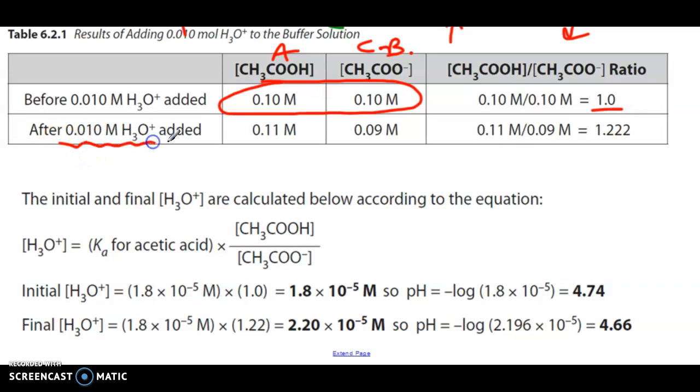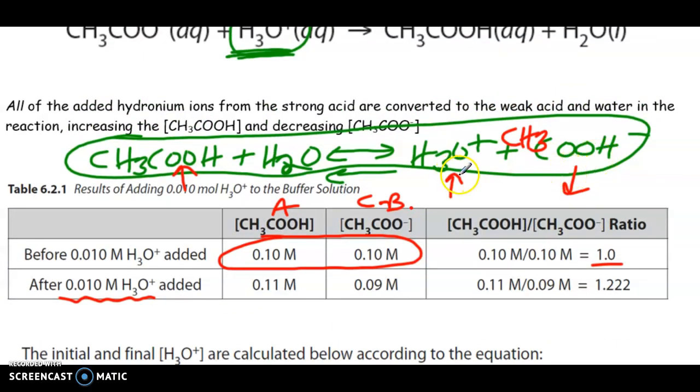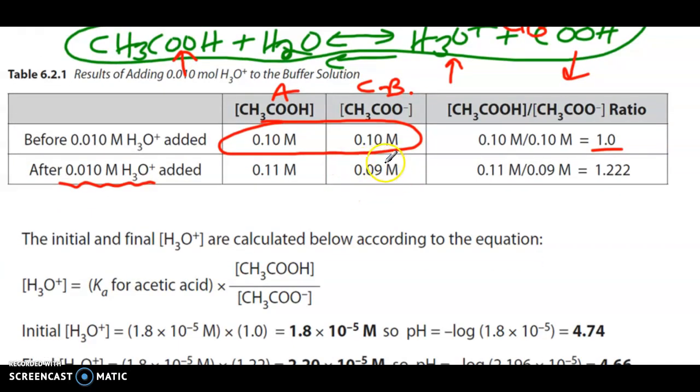After we add in some strong acid, some of it is going to essentially push the reverse reaction, which we just mentioned here. So that means that the weak base should lower and the weak acid should increase. So this increased and this decreased.